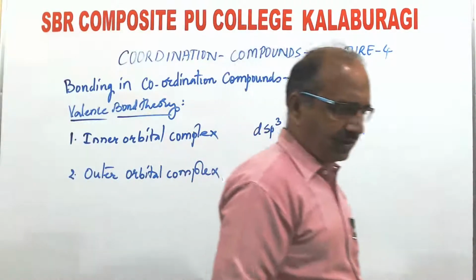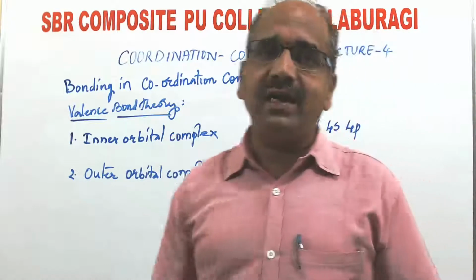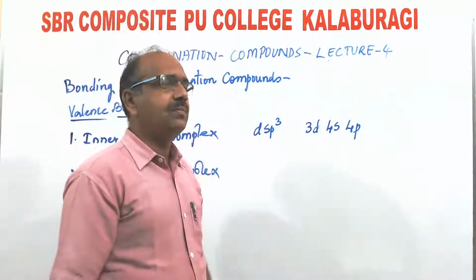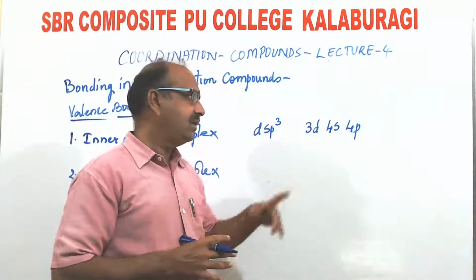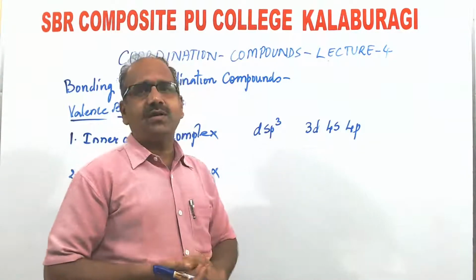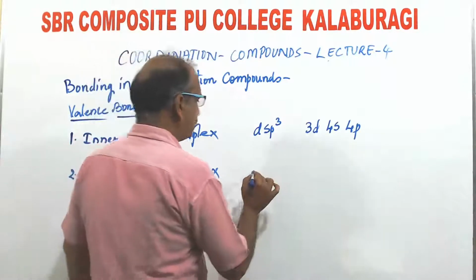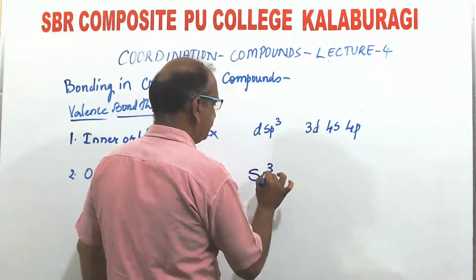So when strong field ligands come, which bring about the pairing of electrons, that time this kind of hybridization and inner orbital complex formation is more likely. And it can be of this type also, sp3d.